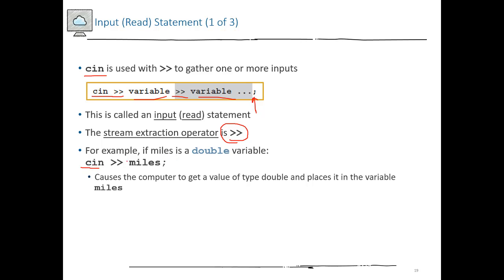So for example here, cin miles. Let's say you have already declared miles as a double variable, and now you can get cin miles, which means the user is going to enter something into the program, and that will be stored in miles. Okay, so that's what it means.